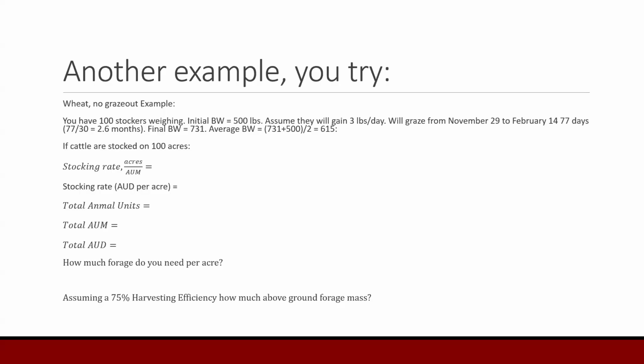Total animal unit months, I think we already did that to get to our stocking rate. Total animal unit days, what's our total animal unit days here? We said 4,735. Okay, 4,735 times 26. That's 26 pounds per animal unit day.